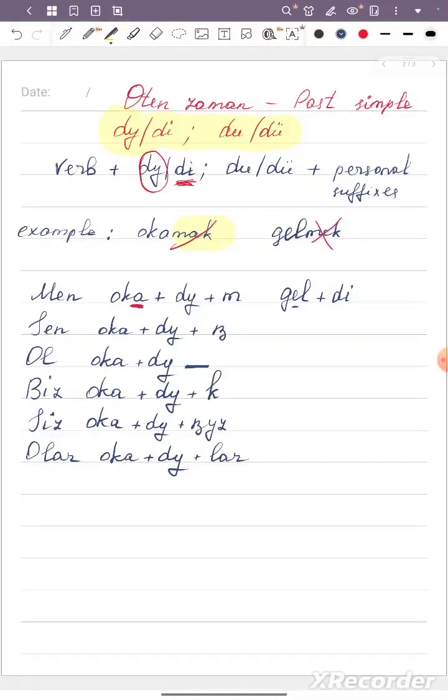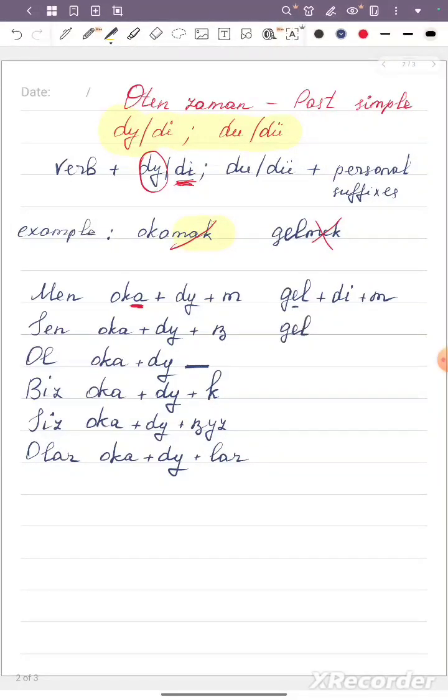If the first syllable has ince çekimli, the second syllable must have ince çekimli. If you have questions about this, please take a look at my early videos. There I explained in detail about the vowels, about adding the correct suffixes. So, gel ince çekimli, i ince çekimli. Front vowels, front vowels. Gel, di, and the personal suffix m. Geldim.